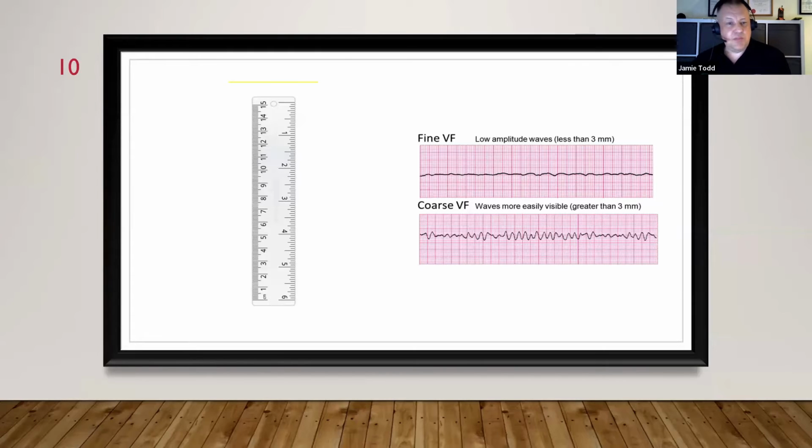But when you look up the book definition, it says that fine VF is low amplitude, less than 3 millimeters, and the rest of VF is greater than 3 millimeters. Well, that's great. So, while the patient's lying there in cardiac arrest, I'll get my ruler out. Obviously, we all carry a ruler. And I'll do some very quick measuring on the monitor screen to determine whether this is a book fine VF. So that's not very helpful at all, is it?